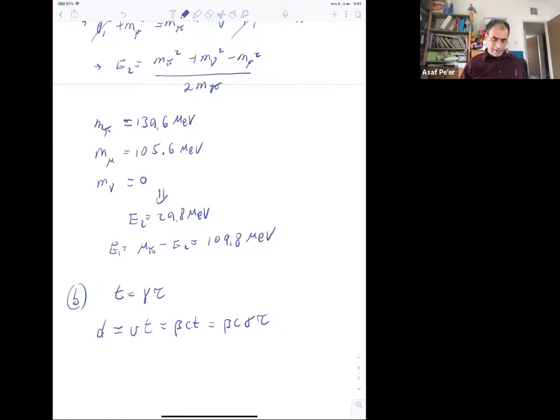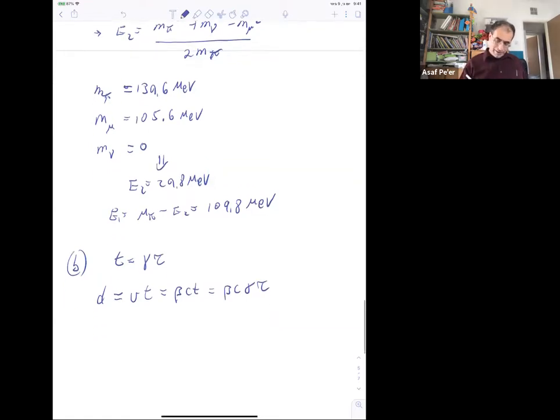Right, so I can write it down as the momentum divided by the mass. Very good. So this will just be the momentum, P1 C divided by M muon C squared times C tau. These two C's cancel out, the numerator and denominator.